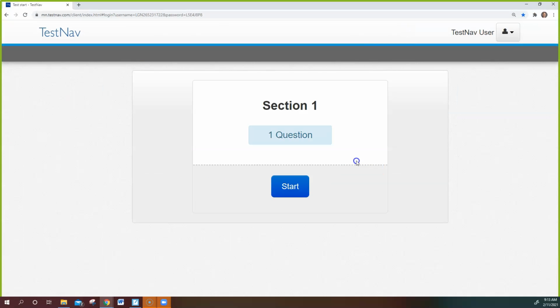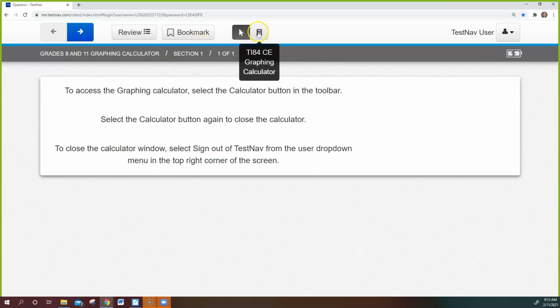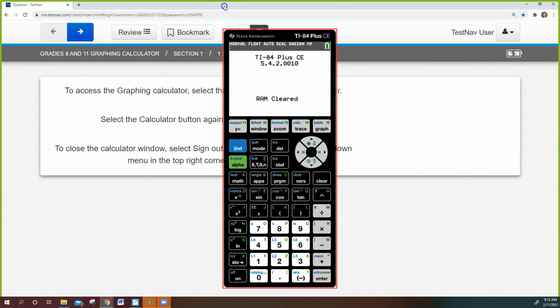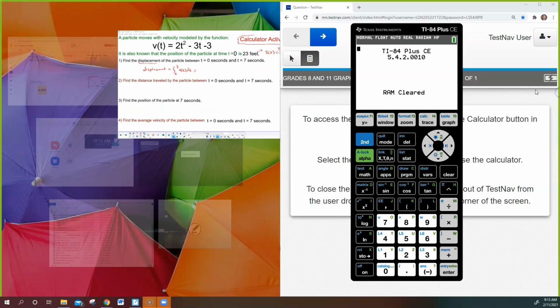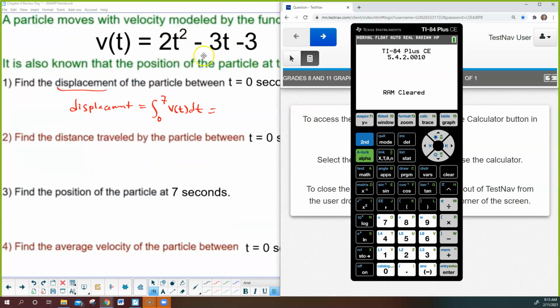So what I'm going to do is grab my calculator, and I'm going to plug in the function itself. And you're going to actually see Mr. Waffler did this, which I think is kind of a nice way to do it, is just plug in the function into y1.